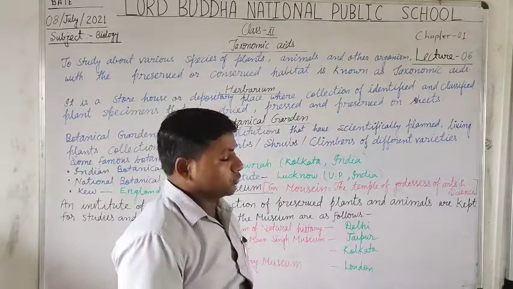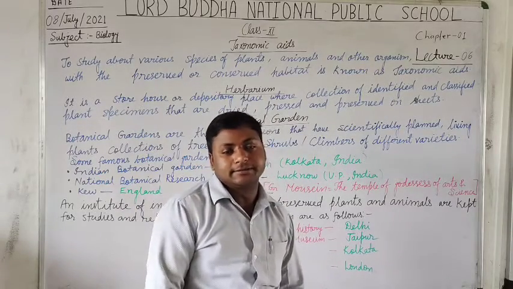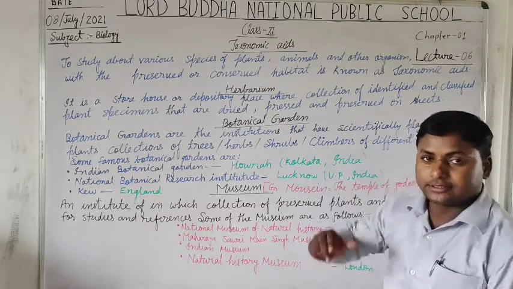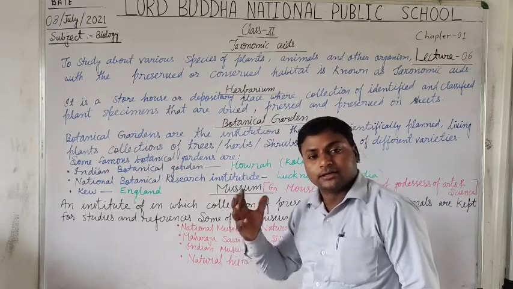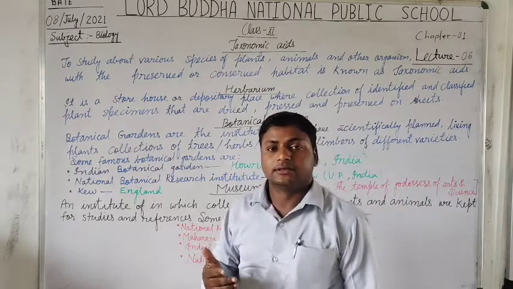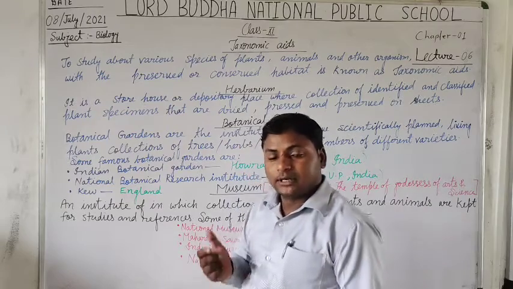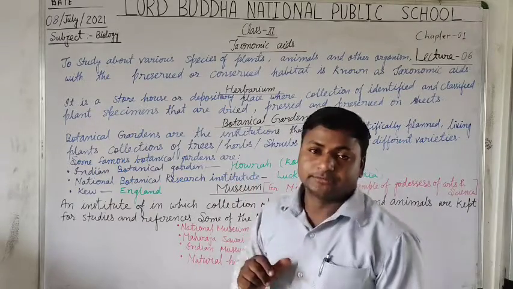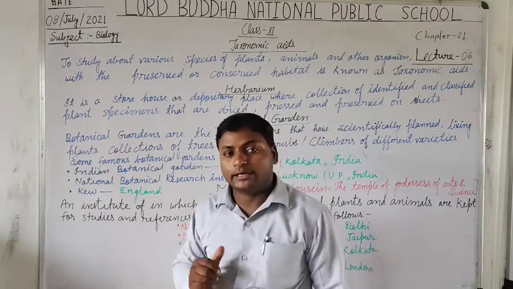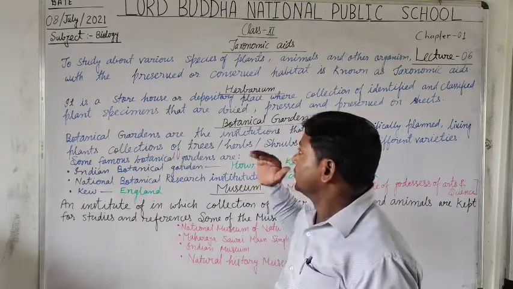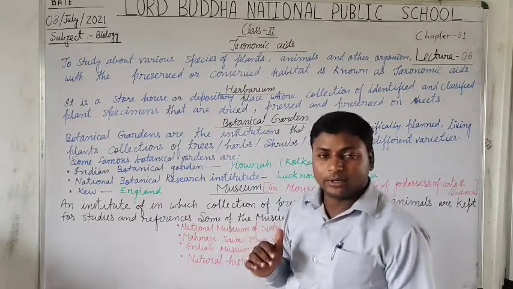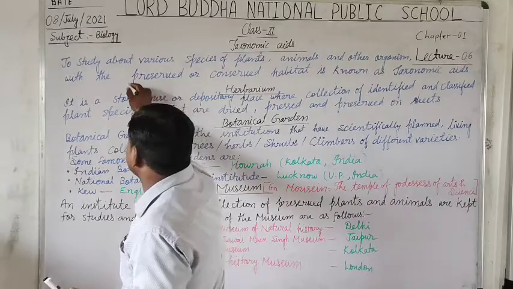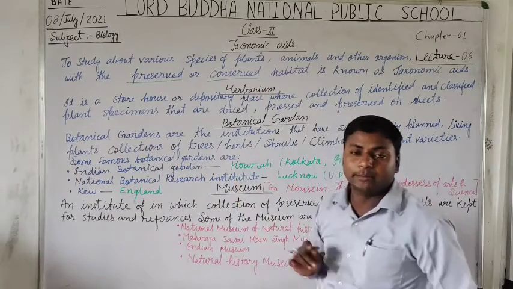So students, today's topic is taxonomic aids. What are taxonomic aids? The term aids is used for communication or advertisement. Like that, in biology there are some terms used in a wide sense to study the various species of plants, animals, and other organisms with the preserved and conserved habitat.